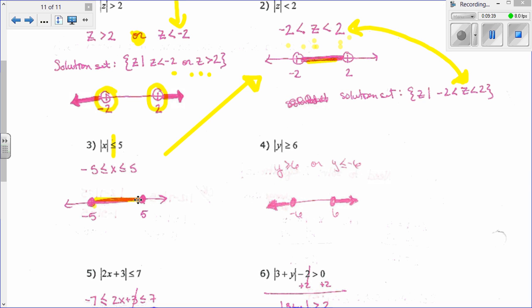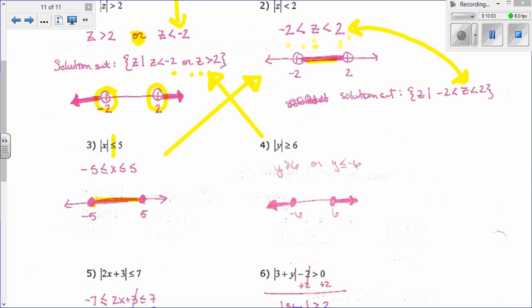Number 4 is the absolute value of y is greater than or equal to 6. That one is the same as number 1. So for this type of problem, I need to do two inequalities, one for its positive value 6, and one for negative 6.